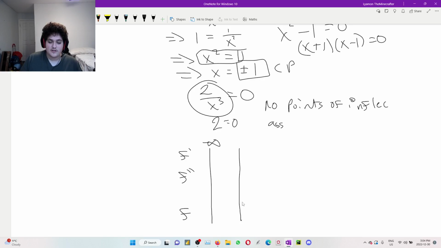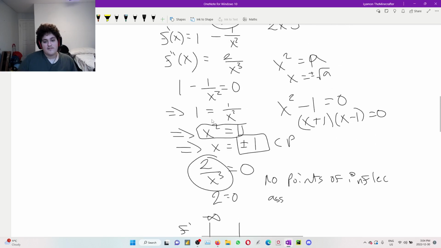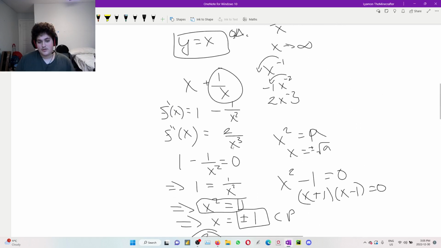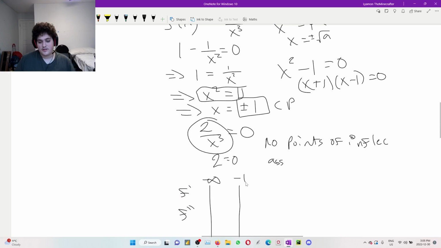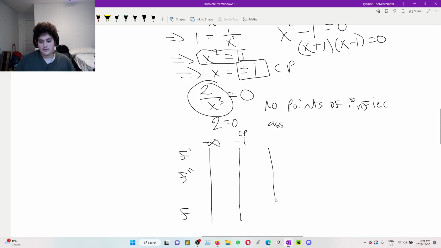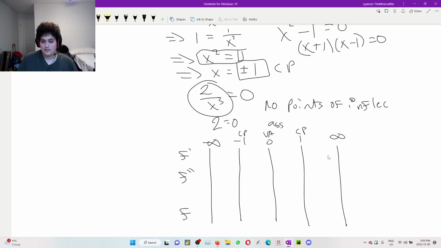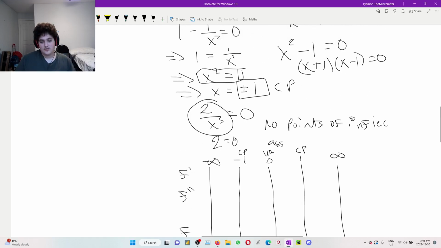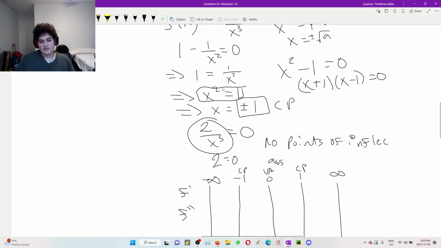We want to have our critical points and our vertical asymptote. Our asymptote was 0, so we're going to have our critical point, our vertical asymptote, and another critical point, and infinity. We don't put horizontal asymptotes on the sign charts.